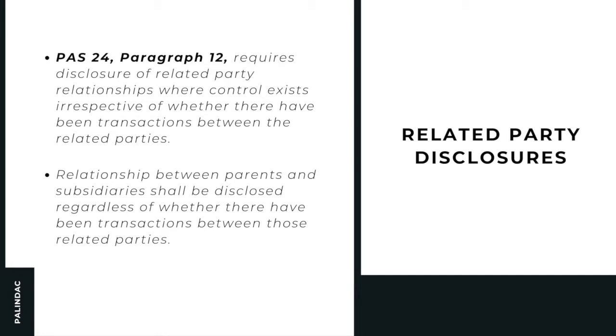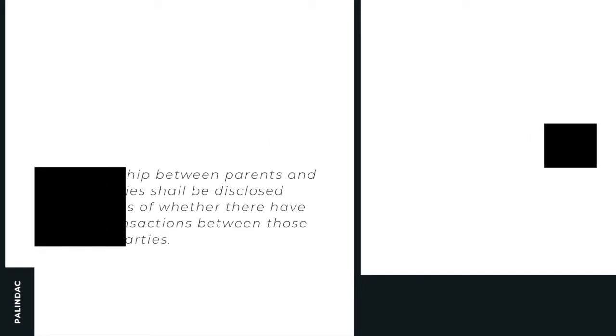This means an entity must disclose the name of its parent and, if different, the ultimate controlling party. If neither the entity's parent nor the ultimate controlling party produces financial statements available for public use, the name of the next most senior parent that does must also be disclosed.